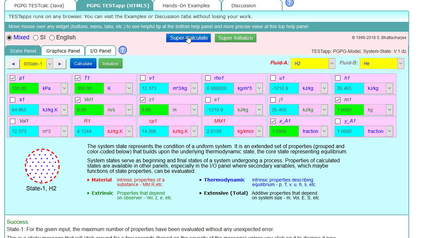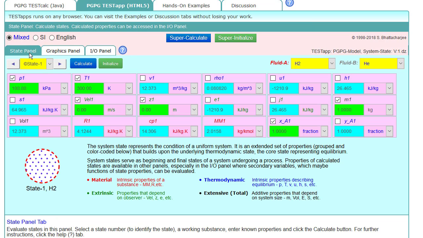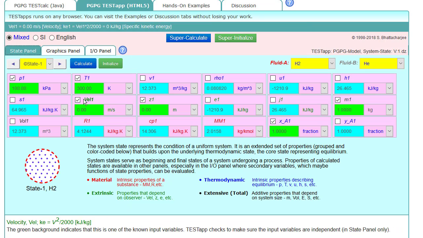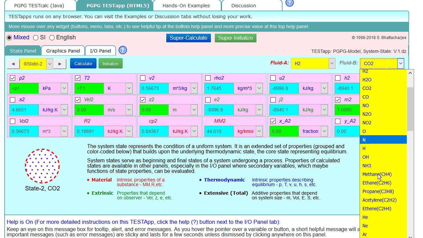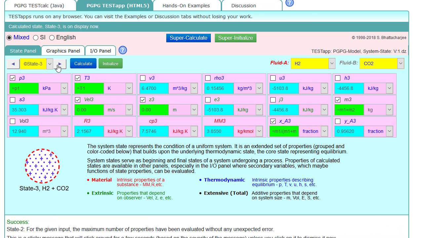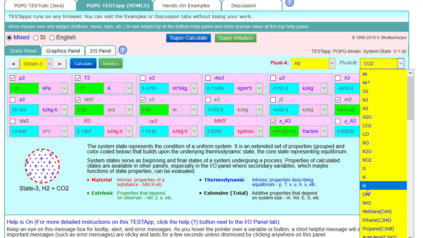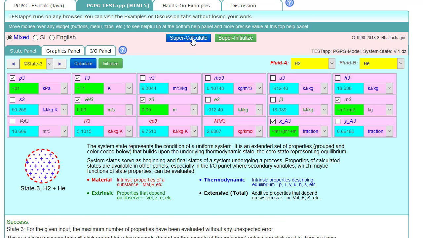Calculate, super calculate, and it's not working yet, but it should be in future versions of TESTcalcs, but you're going to have to manually enter helium for each state and re-hit calculate. In the future, you'll be able to just hit super calculate, and they should all work automatically. So just hit calculate, and then I'll hit super calculate.